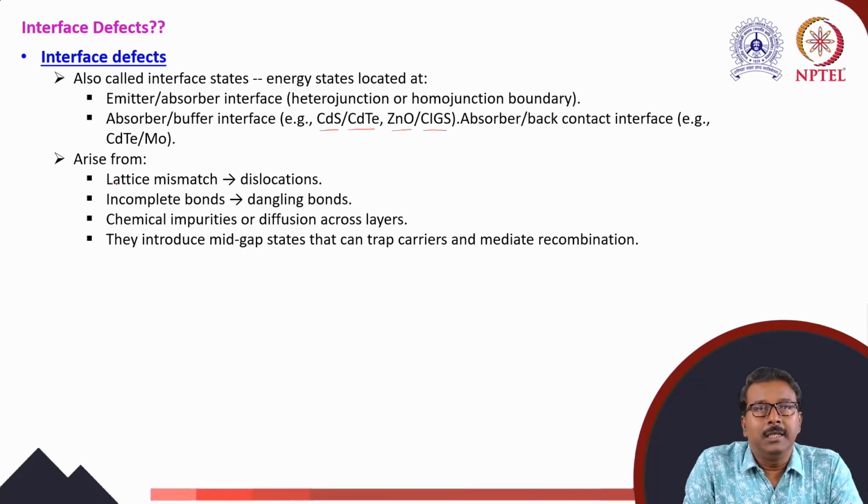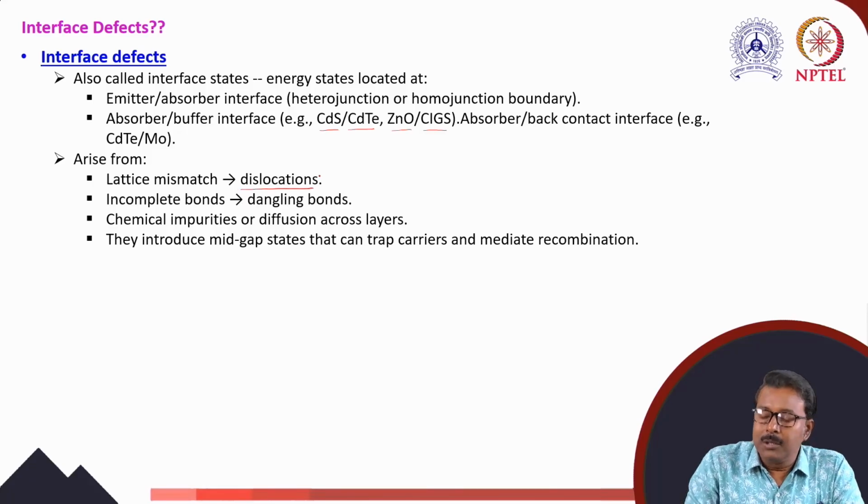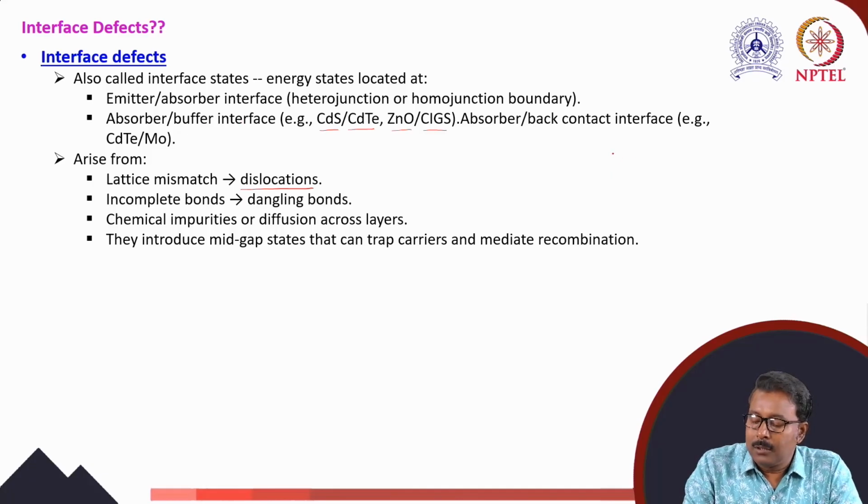And these basically arise from lattice mismatch or dislocations, because suppose you have a cadmium telluride and cadmium sulfide junction. So in the cadmium telluride based thin film solar cell, this is cadmium telluride and this is cadmium sulfide. These two different materials have different lattice constants, but what at the interface?